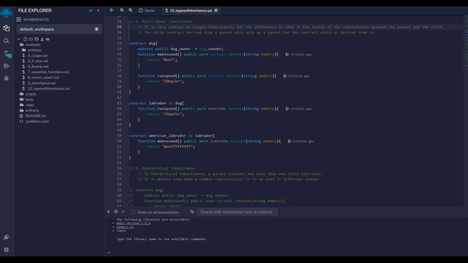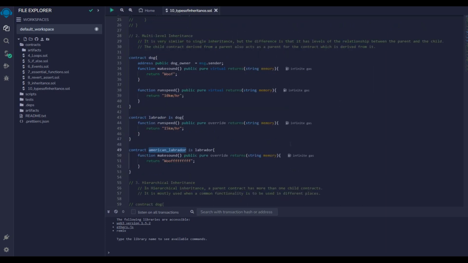And then in the Labrador class we again have subclasses such as American Labrador or English Labrador. Dog is a parent of Labrador, and then Labrador is again the parent of American Labrador. So this is how multi-level inheritance works.